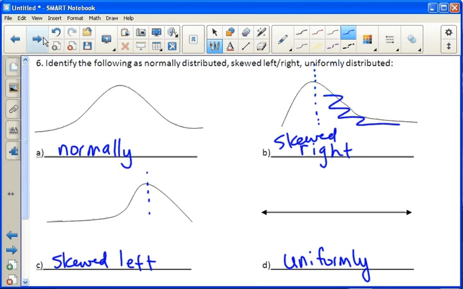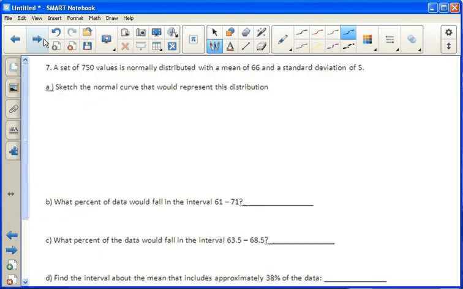Final question. If you have a set of 750 values and they are normally distributed with a mean of 66 and a standard deviation of 5, sketch the normal curve that would represent this distribution.